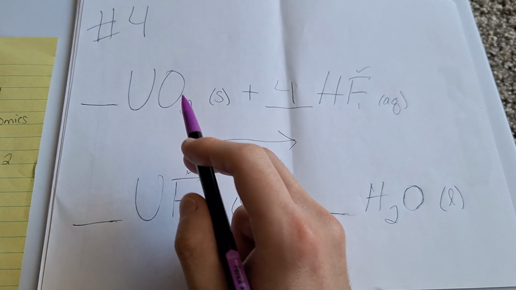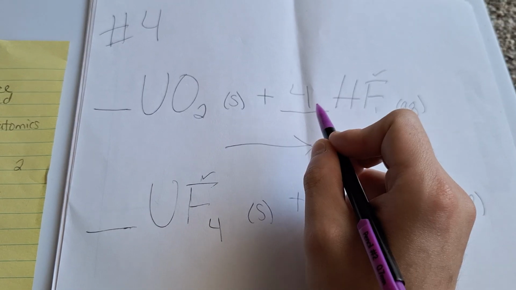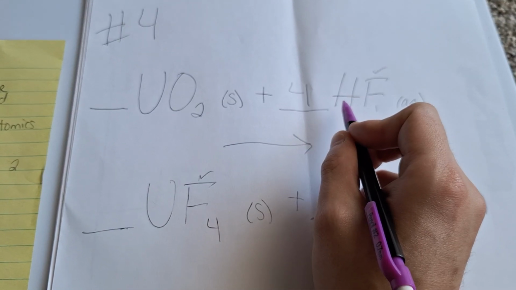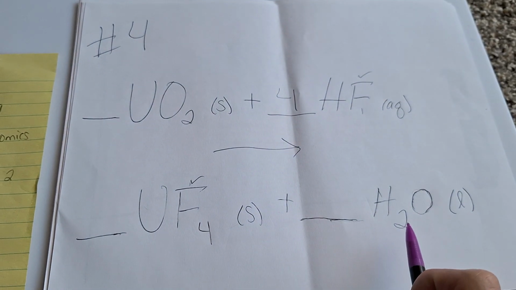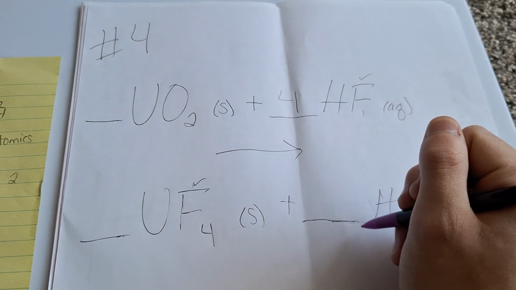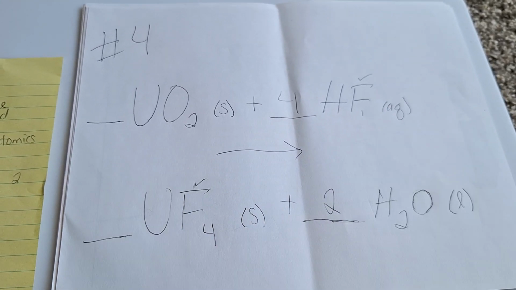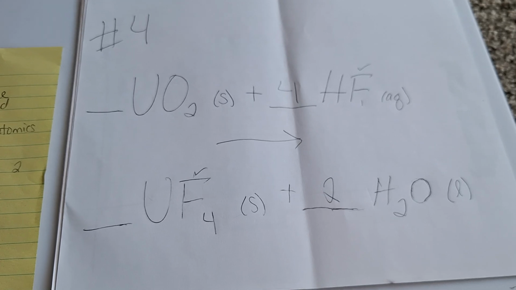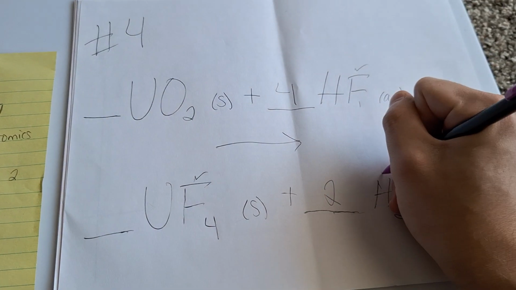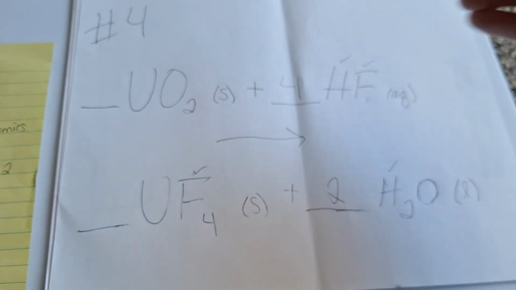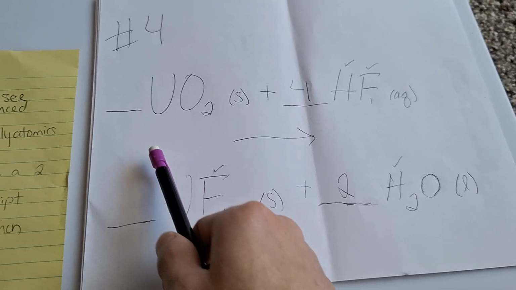Okay? And if our F's balance out, that means now we have to balance out the H's. So 4 times 1 H is 4. We have 2 H's here. What times 2 equals 4? 2. So now we have 2. Okay, so 2 H2O. 4 there. Okay, so now the hydrogens balance out. Now we have 2 oxygens. 2 times 1, 2 oxygens.